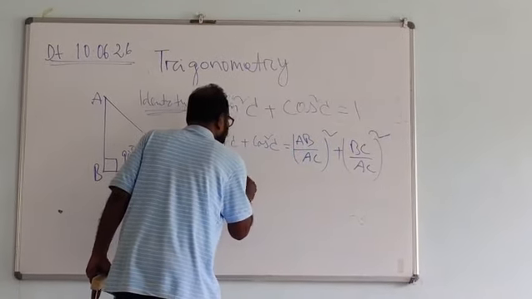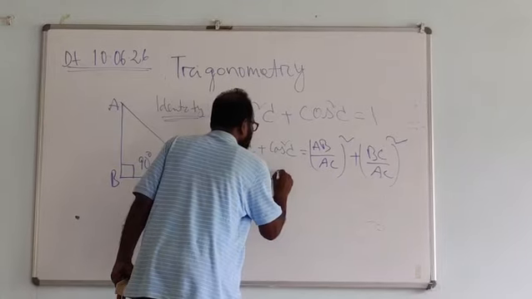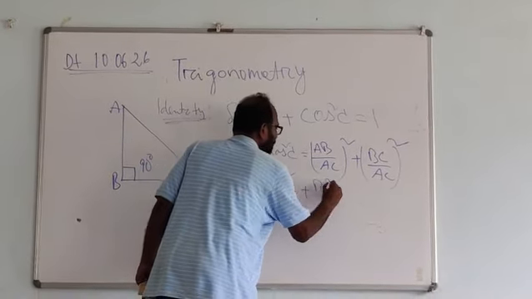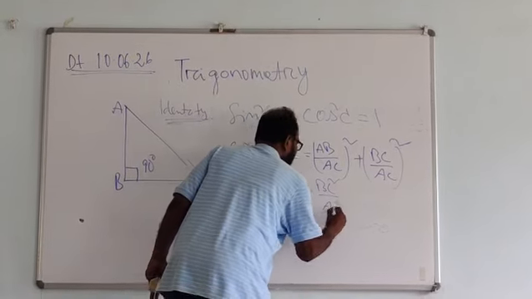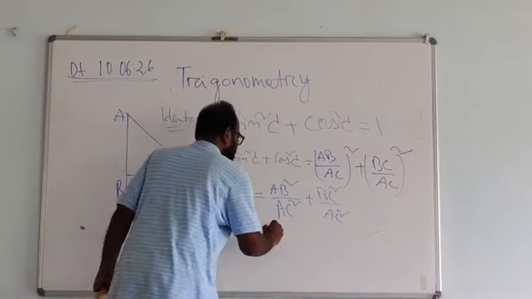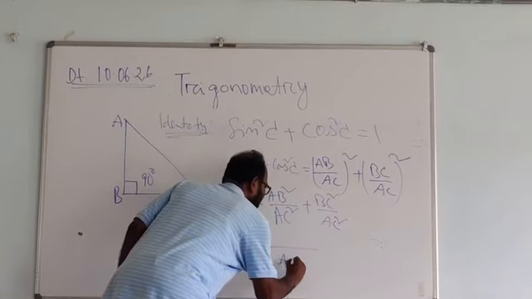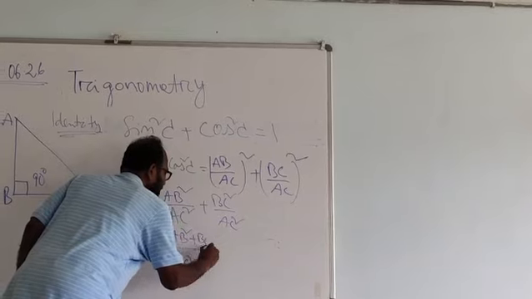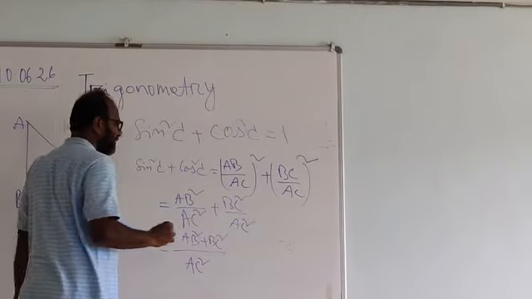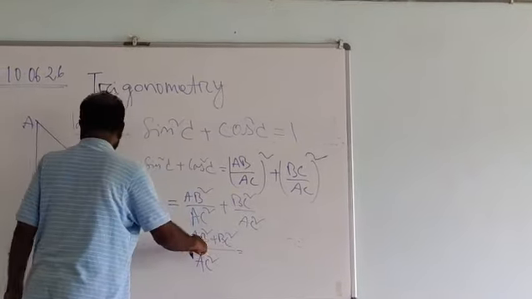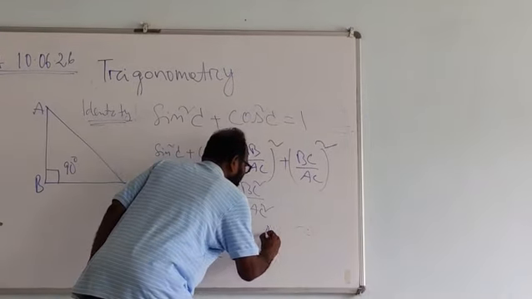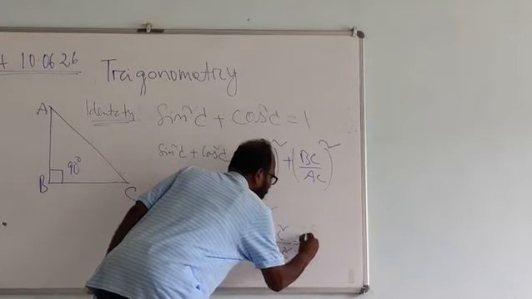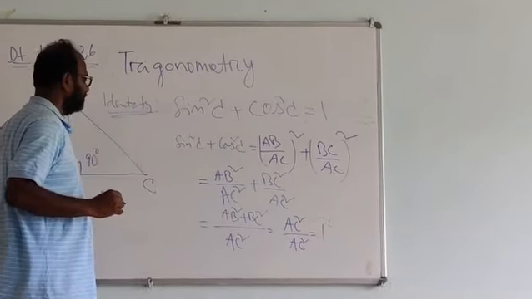So that is equal to AB square by AC square plus BC square by AC square. Taking the LCM, AB square plus BC square. According to Pythagoras theorem, AB square plus BC square is equal to AC square, by AC square. That is equal to 1. So this is proved.